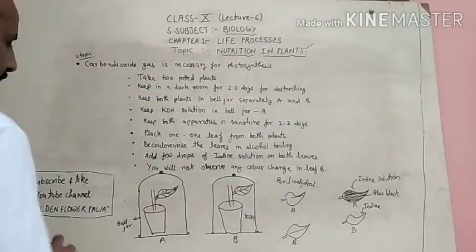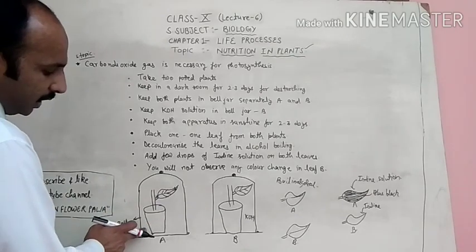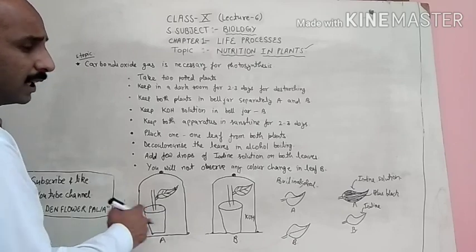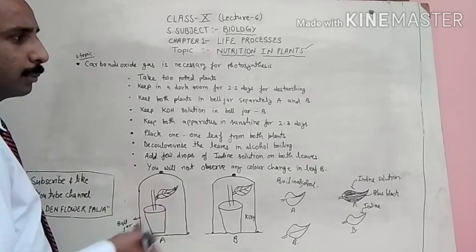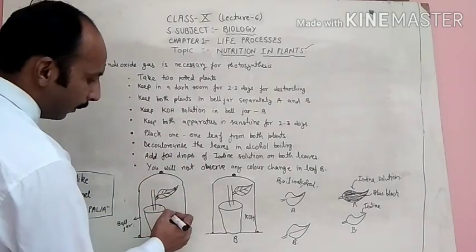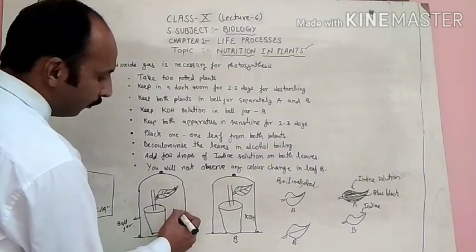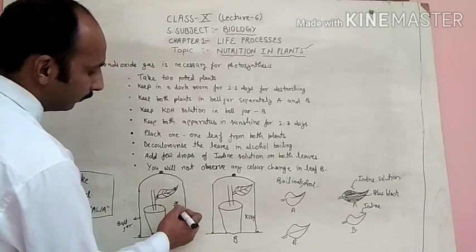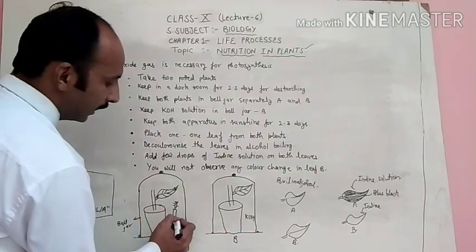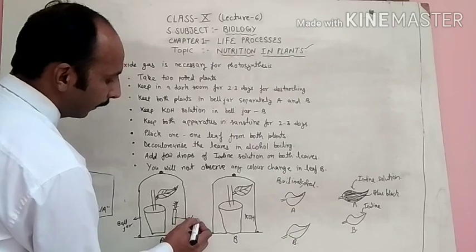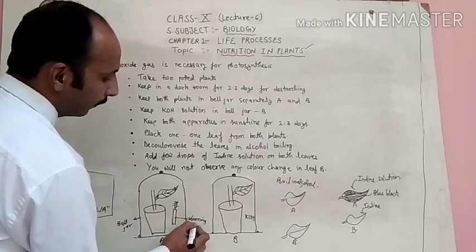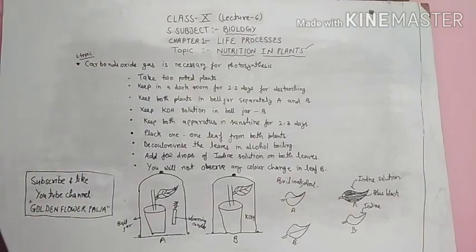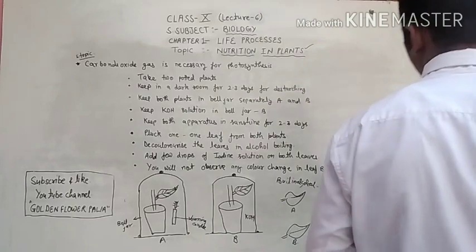But in this bell jar, it is also not getting carbon dioxide gas from outside, but the plant produces it in a small amount by the process of respiration. After that, what we can do is keep a burning candle inside the bell jar.